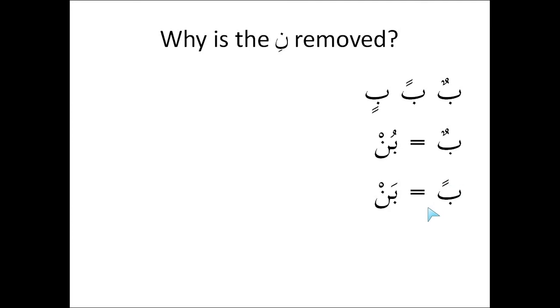Likewise, ban is ba with a fatha followed by a noon with a sukoon. The same thing applies to bin. Bin is a ba with a kasra and a noon with a sukoon. So whenever we have a tanween, you could almost imagine there is a noon hidden inside. In the dual al-muthanna, that is why the noon is removed from the al-mudaf.